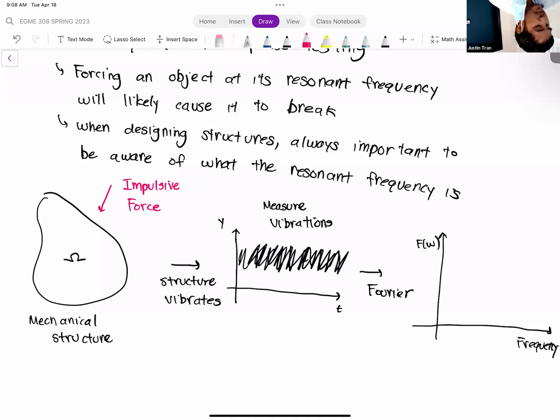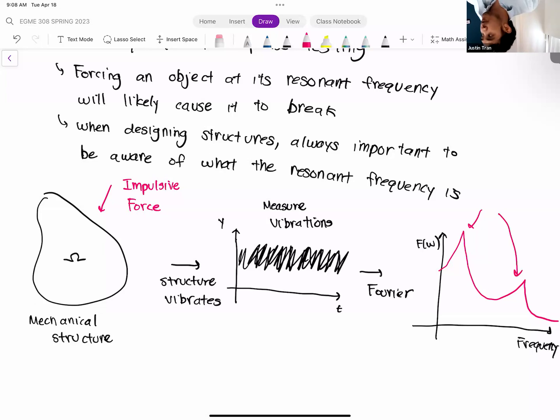And what you're going to see is that the signal is going to look something like this. There, okay. Where these two peaks are the resonant frequencies. These are the natural frequencies of the structure.